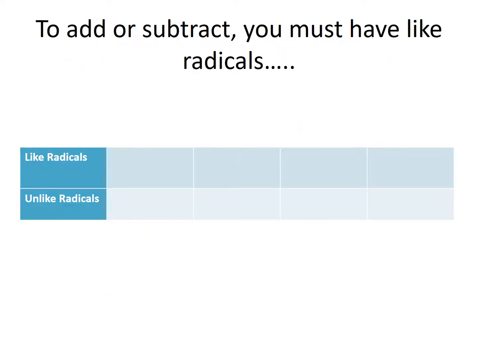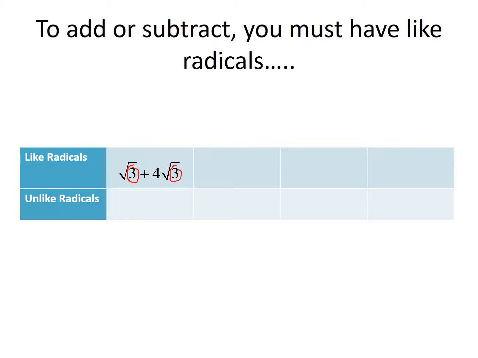With this same idea, in order to add or subtract radicals, you must have like radicals or like terms. So like radicals would be the square root of 3 plus 4 times the square root of 3. The number under the radicand, the 3, is the same, and that's what we mean by like radicals.